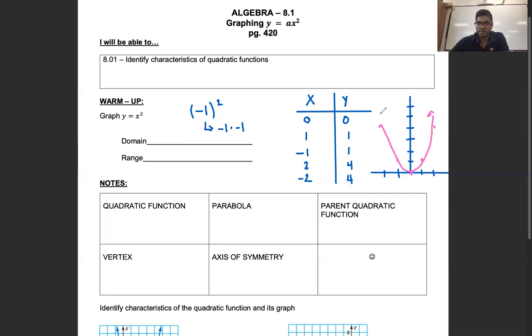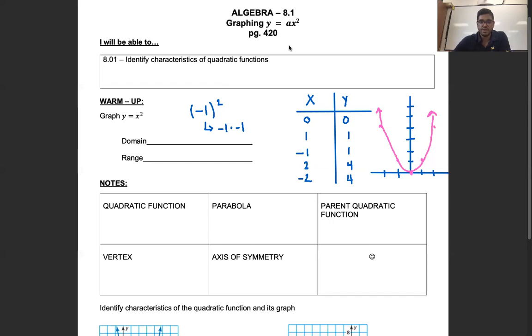Okay, something like this. Now, I want you to think about a couple of things. Think about the domain and range of this graph. The domain refers to your x's. Your range refers to your y's. When you think about domain, you want to think: is this graph going left to right forever? These arrows here point out that this thing is going to keep going up and to the left forever, and up and to the right forever.